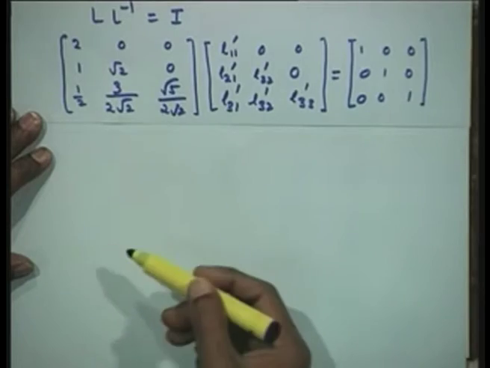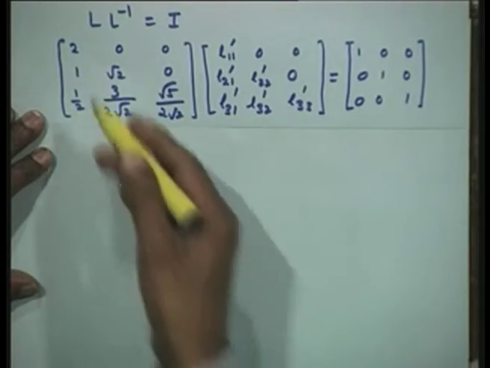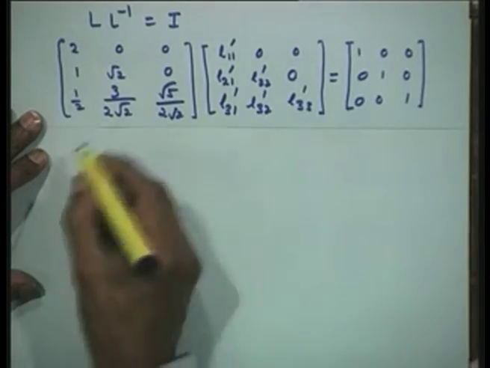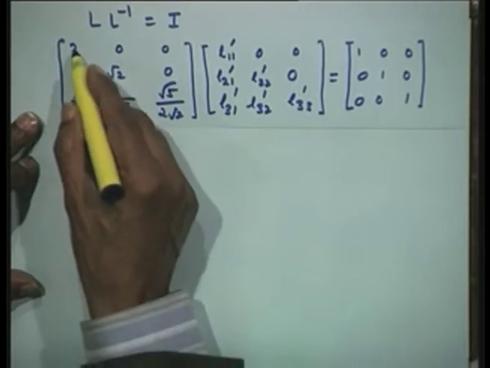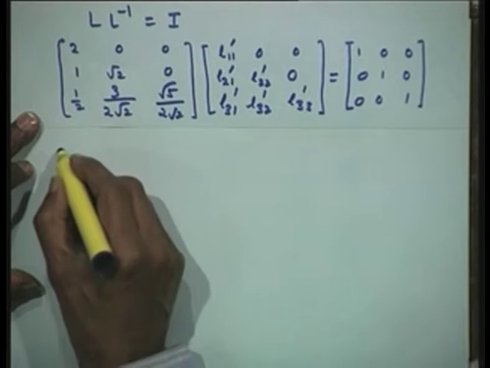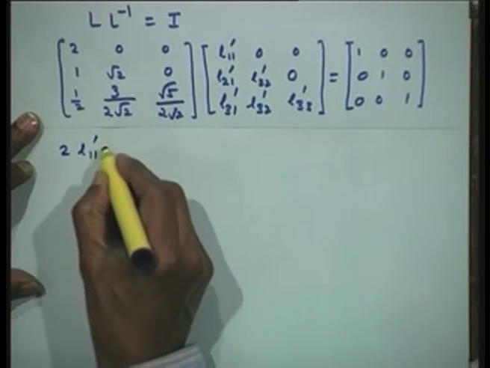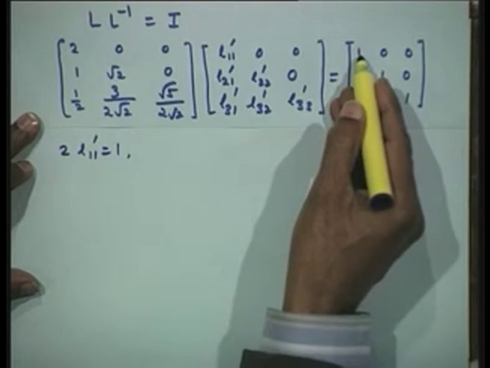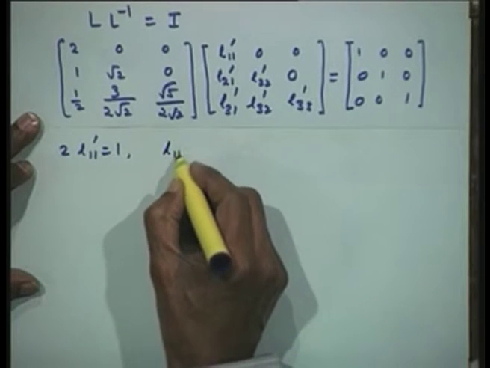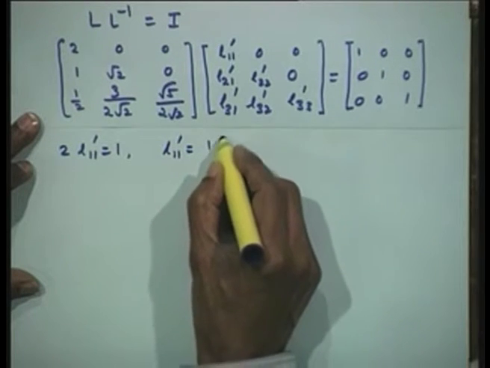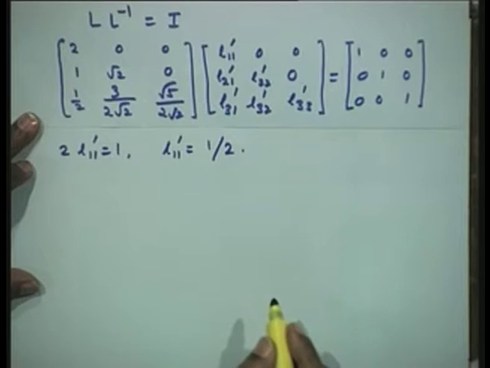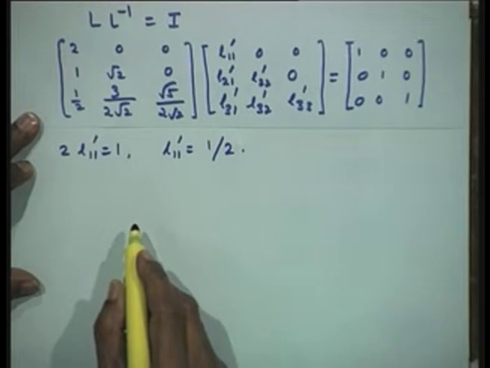But of course in our computation we can proceed on, but that will be a check for whether we are doing it correctly or not. So these elements are trivially known. If I multiply the row by this column, 2 times L11 dashed is 1, therefore L11 dashed is equal to 1 by 2.